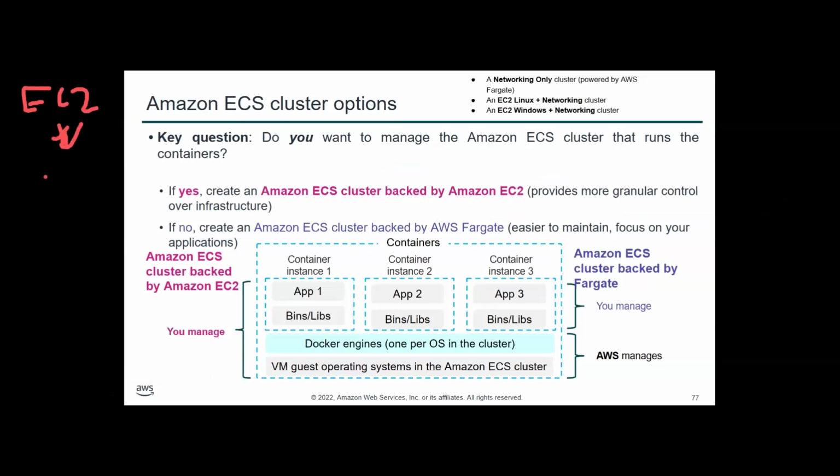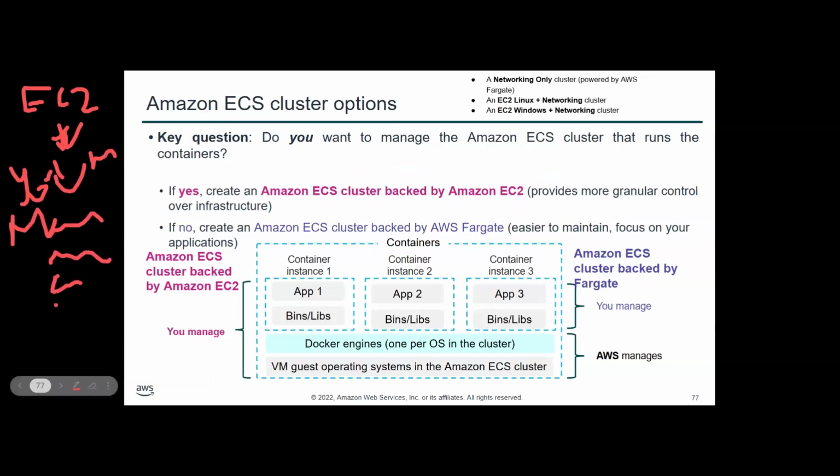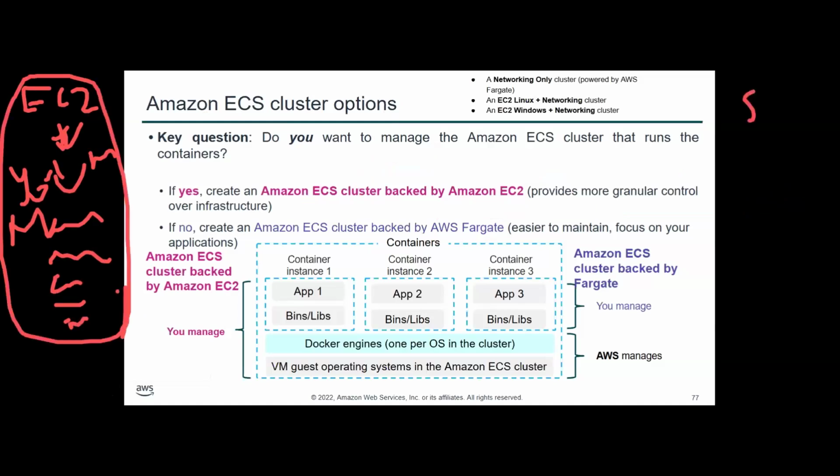With EC2 you are taking the server, so you have to manage it: maintenance, launching, application, logging, monitoring, everything you have to do and configure. When you take serverless like Lambda or Fargate, in the container service we have an option called Fargate, which is easy to maintain.